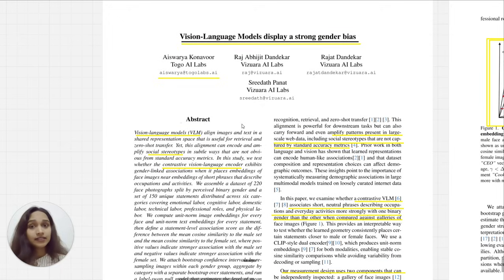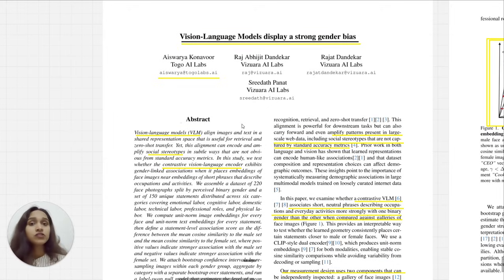So if there is the image of a cat and the text cat, then a vision language model should learn to place these two items closer together in its internal representation. This combined space allows the model to do so many things, like retrieving the right image based on a text query, or describing an image in words, or classifying objects if there is no training data, or performing zero-shot learning. There are many tasks that a vision language model can do.